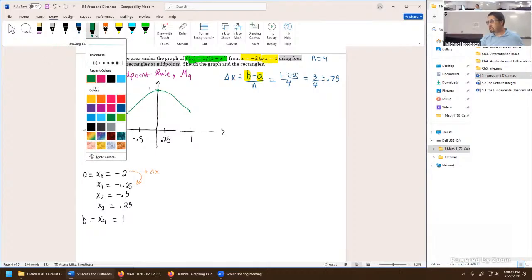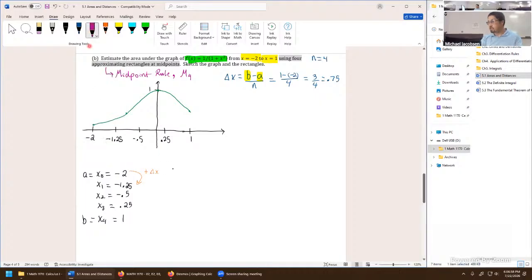Okay, now here's the next part. We actually need the midpoints themselves. The midpoints, because we're averaging, we call them x bar, borrowing from statistics. The first one is x bar 1. It's the average between x naught and x1. So we could write it as a formula, x naught plus x1 divided by 2.